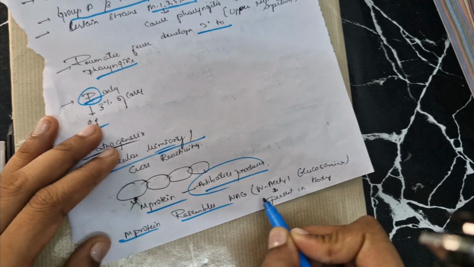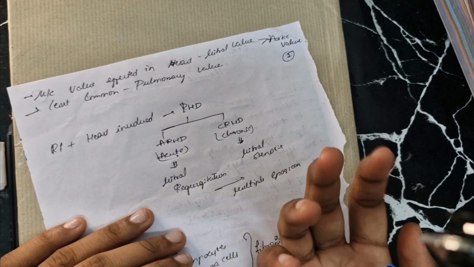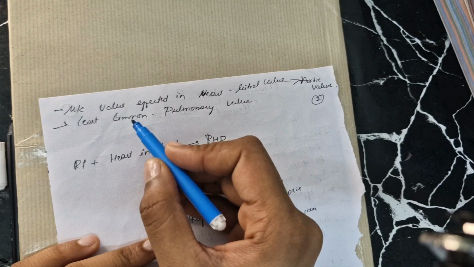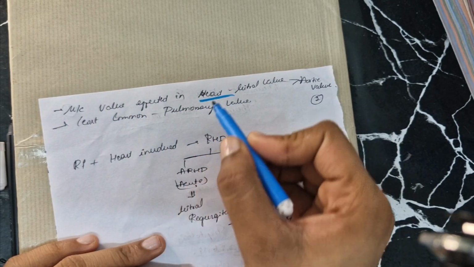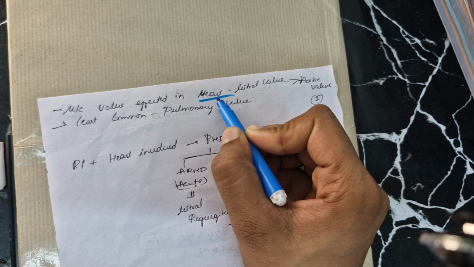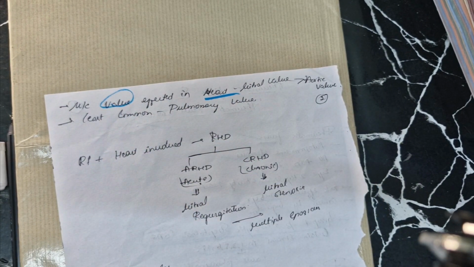M protein resembles N-acetylglucosamine, which is present in our body in various organs, so it also starts destroying our body organs. If it affects the heart, we call it rheumatic heart disease. The valves are the tricuspid valve and the bicuspid valve, also known as the mitral valve.